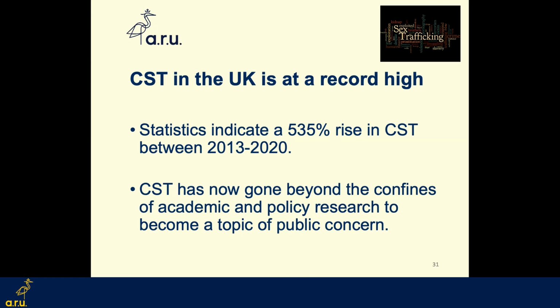The new serious violence strategy published by the government is all about county lines, not a mention of child sex trafficking, and then the recent Home Office review hardly gives it a mention when we're talking about crimes committed against children, and this is the fastest growing form of slavery in the UK.